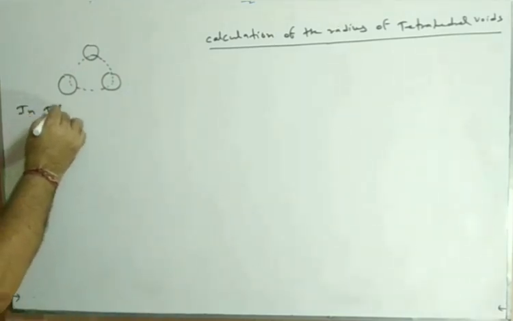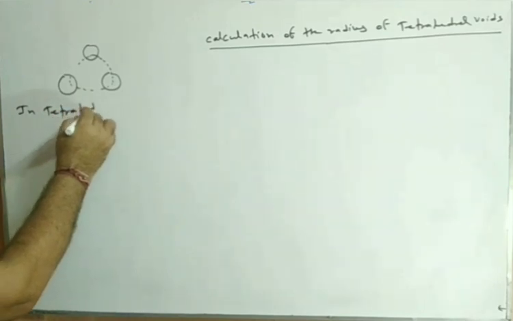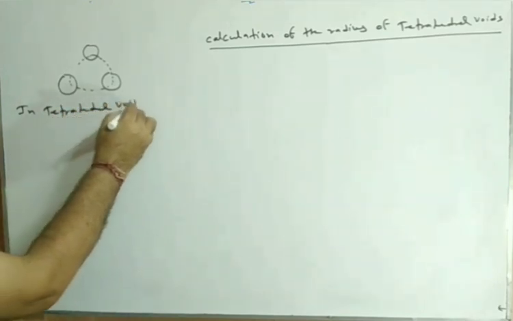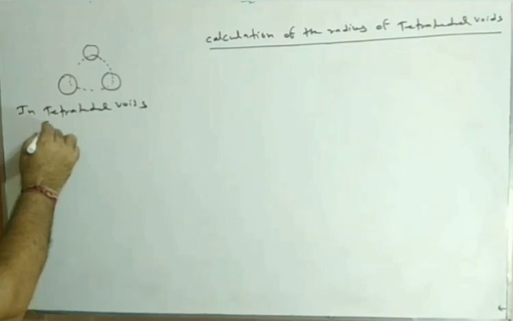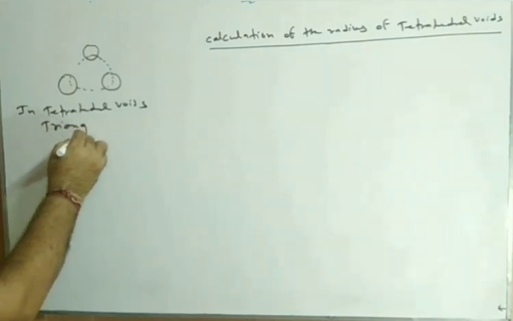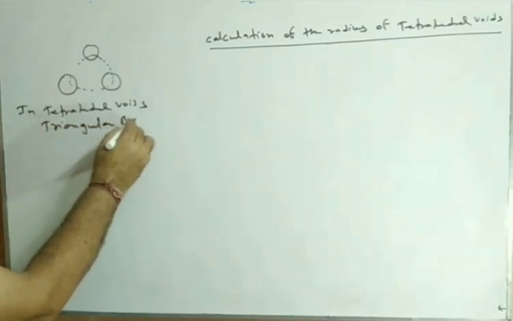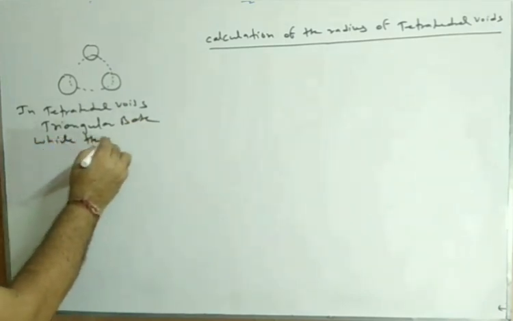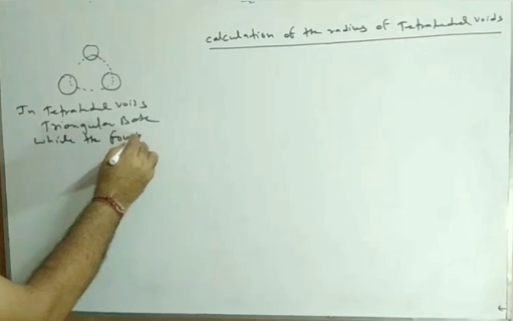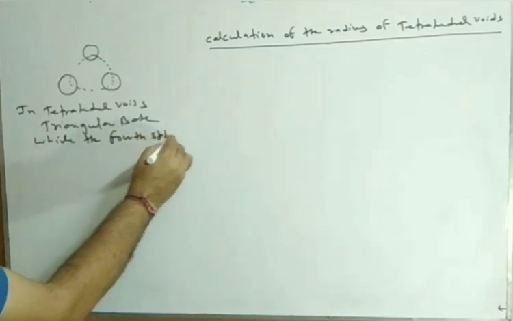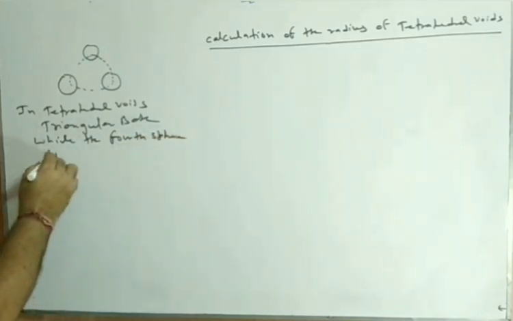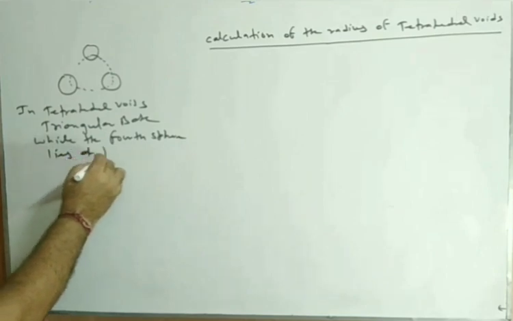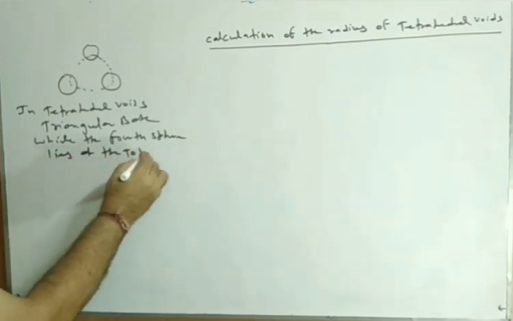That is, in tetrahedral voids, there is a triangular base, while the fourth sphere lies at the top.